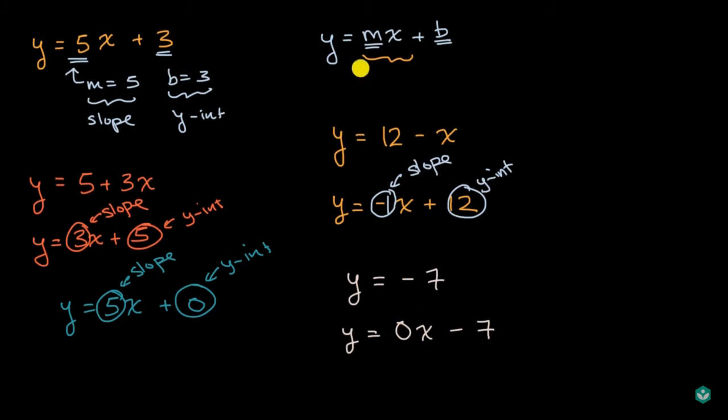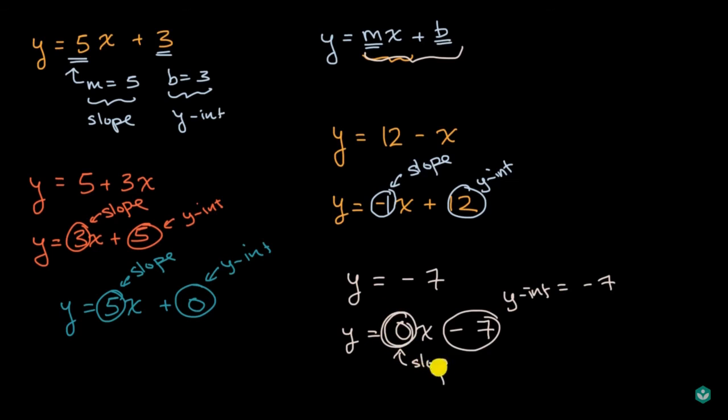And so now it looks just like what we have over here, and you might recognize that our y-intercept is negative 7. And our slope, the coefficient on the x term, is equal to 0. And that makes sense. For a given change in x, you would expect 0 change in y, because y is always negative 7 in this situation.